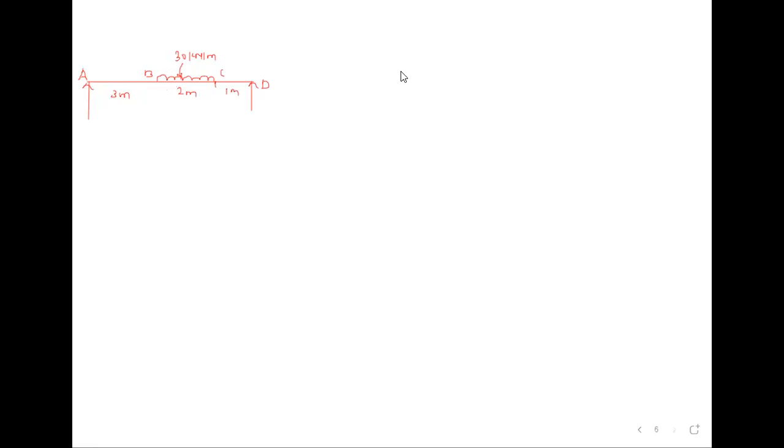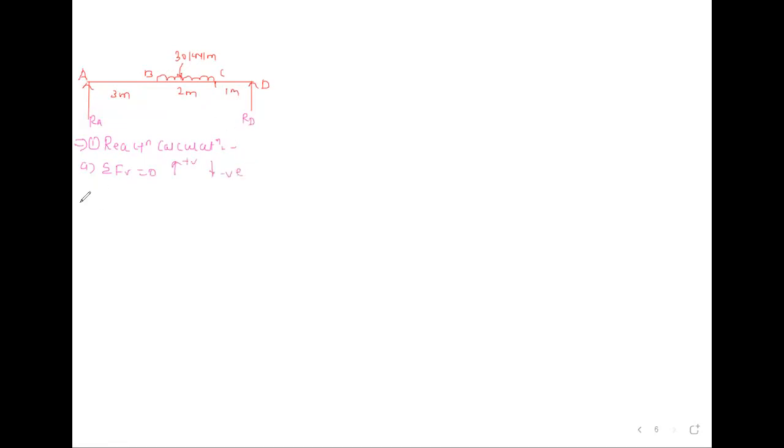So you tell me, first step, reaction calculation. So here RA reaction is there at A point and RD reaction is there at D point. So in that first step is summation FV equal to 0, upward forces positive, downward forces negative.